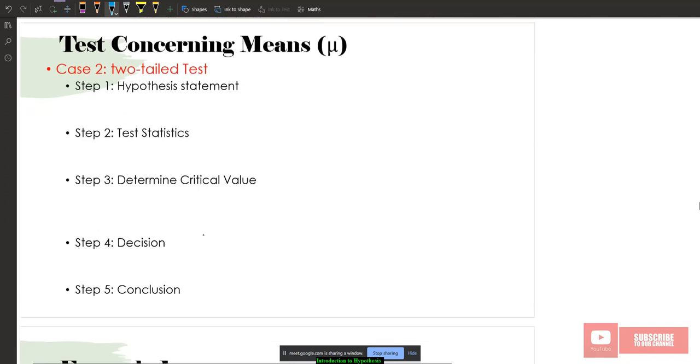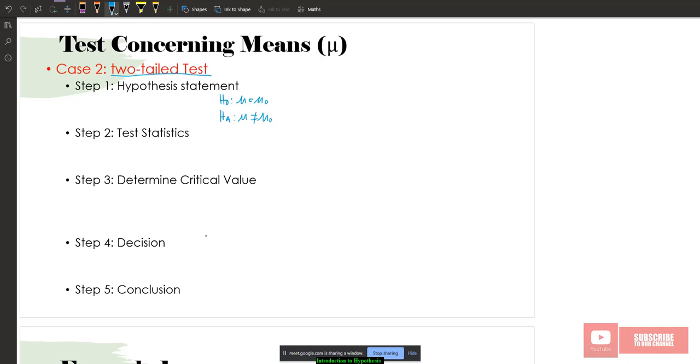Case number 2 is the two-tail test. The two-tail test hypothesis statement should be like this. Null hypothesis: mu is equal to mu naught. Alternative hypothesis: mu is not equal to mu naught.